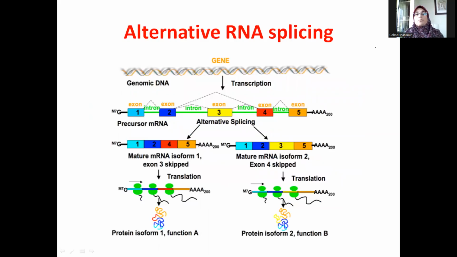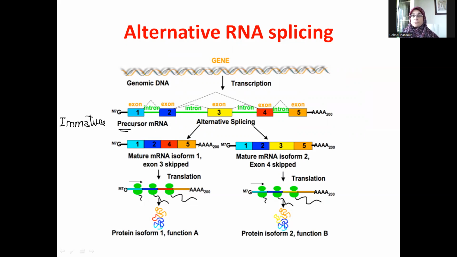For example, in that diagram, we have a structural gene, and it will be transcribed into messenger RNA, which we call the precursor messenger RNA, or simply immature RNA. Why is it called precursor?